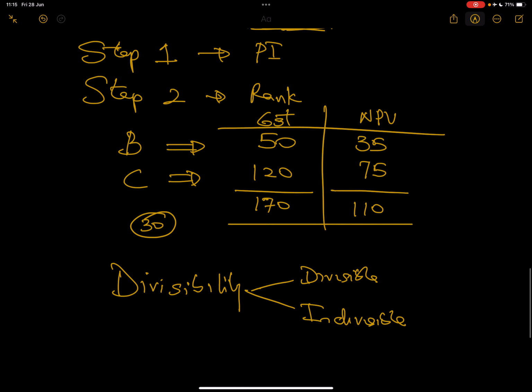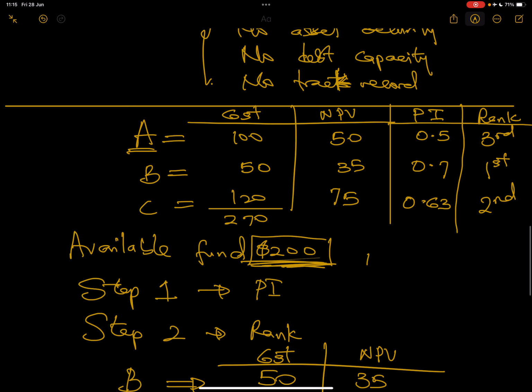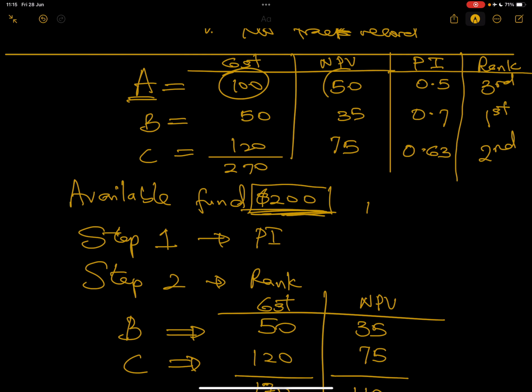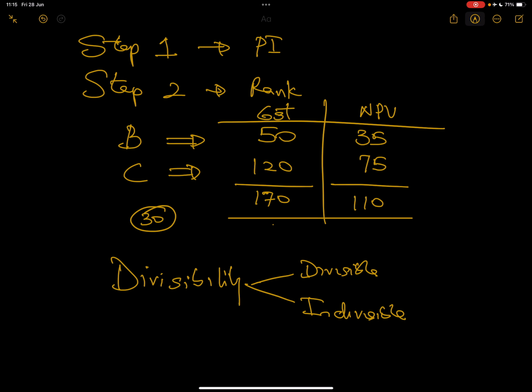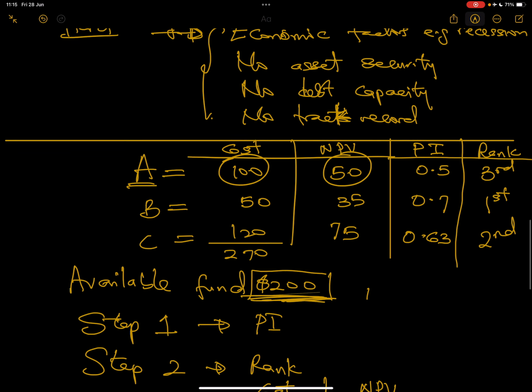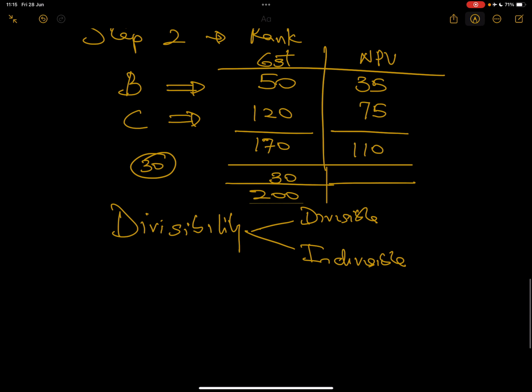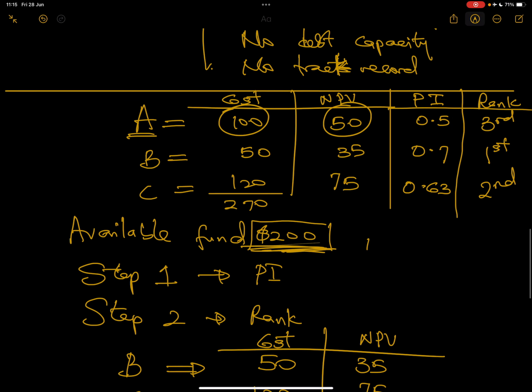However, if project A is divisible, then you can spend just 30 out of the 100, and you will get 30% of the NPV as well. So you spend 30, and that will finish your 200 money that you have, and you also make NPV of 30 by 100 times 50. That's 0.3 times 50, right?